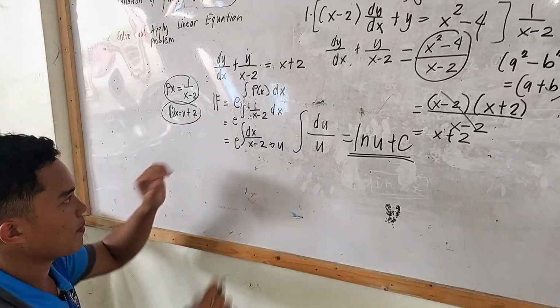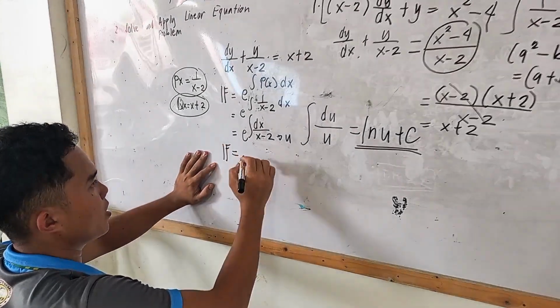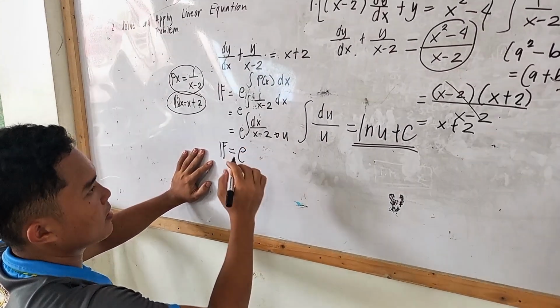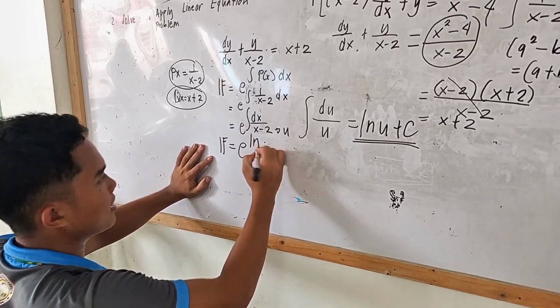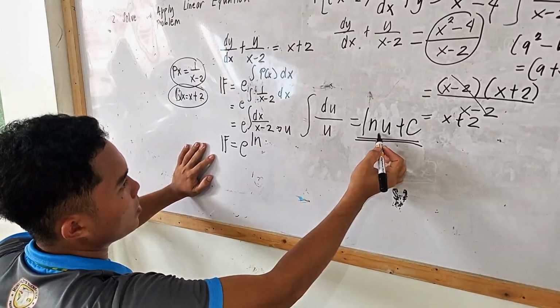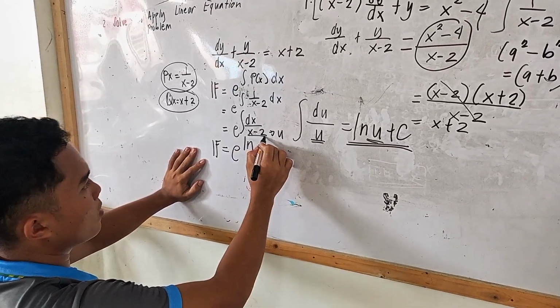So now we can identify the integrating factor, which is e raised to ln of our u, which is x minus 2.